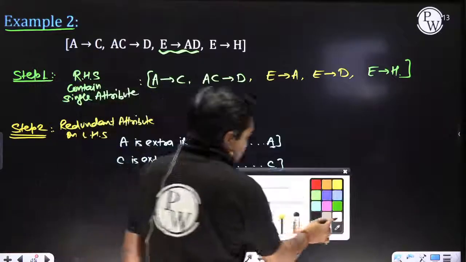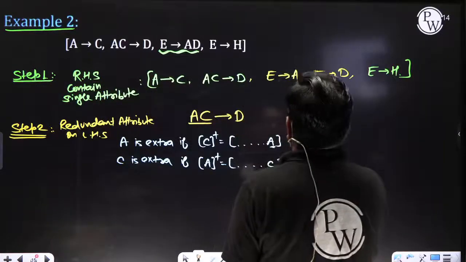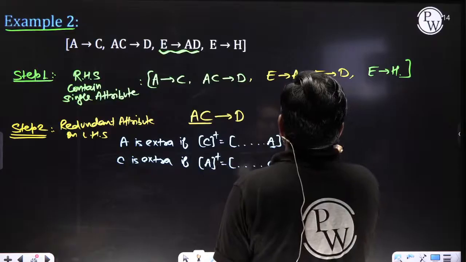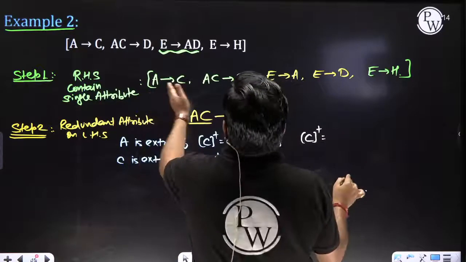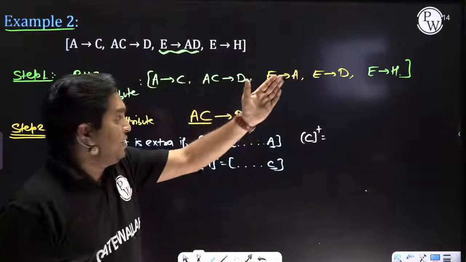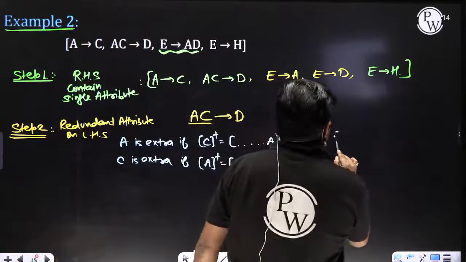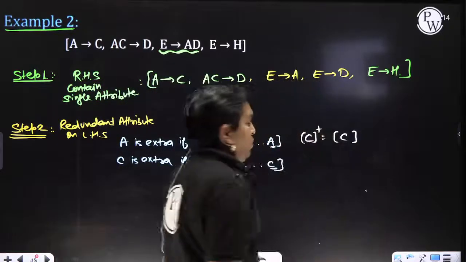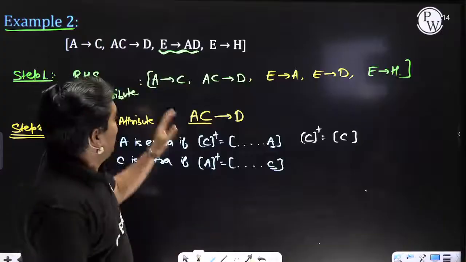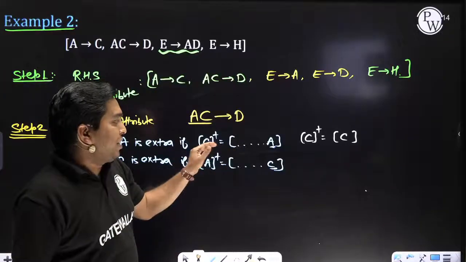Now take the closure of A and take the closure of C. First of all, take the closure of C of this given FD set. You are getting only C.